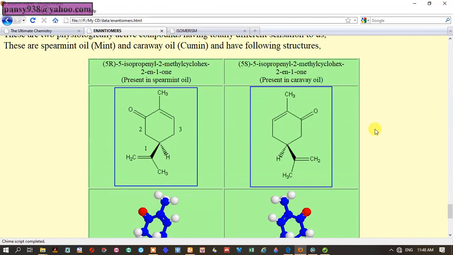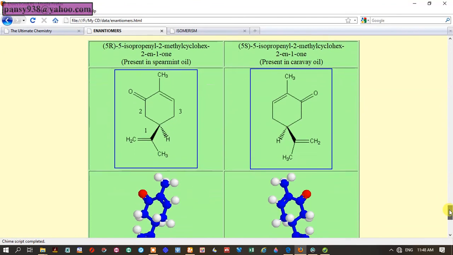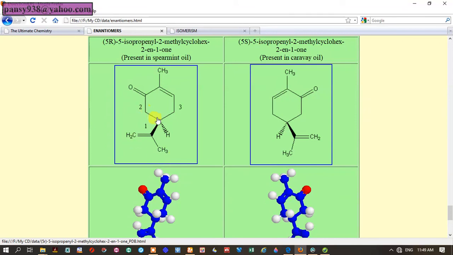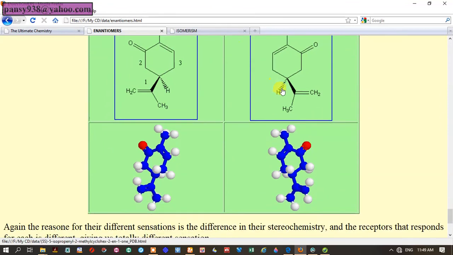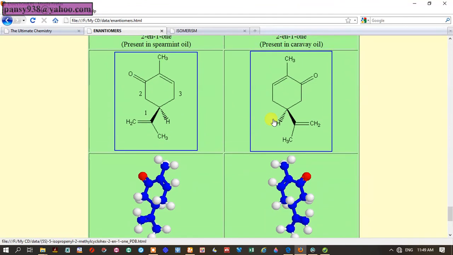So now this R is in capital and it's in standard form. So this compound is present in spearmint oil and this one is in caraway oil. And the sensation of both is totally different. There is a great difference between the mint and cumin seeds, and it is due only to the action of this chiral center of the molecule. A little difference and the molecule gives a totally different sensation because it has a different receptor system in our body.